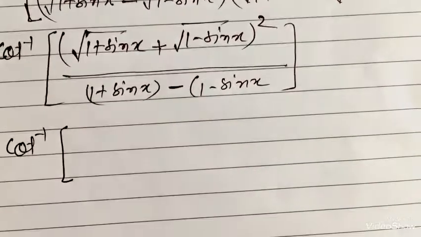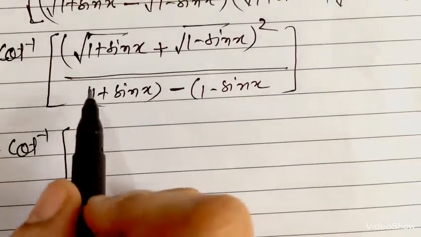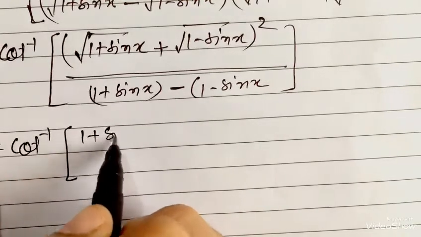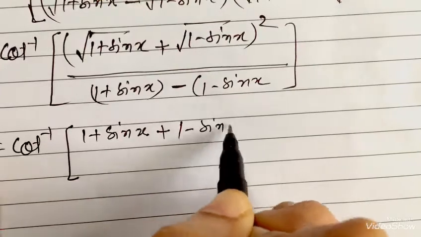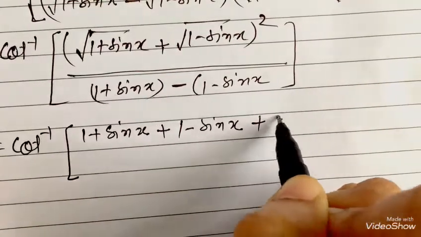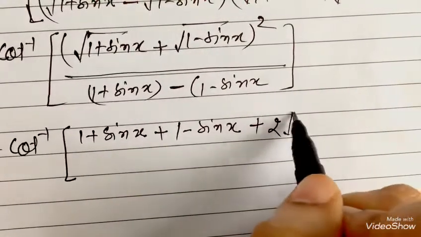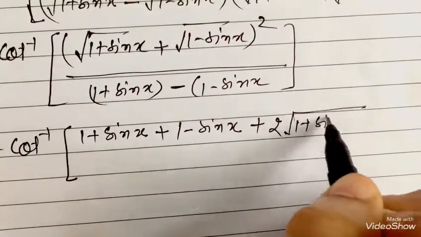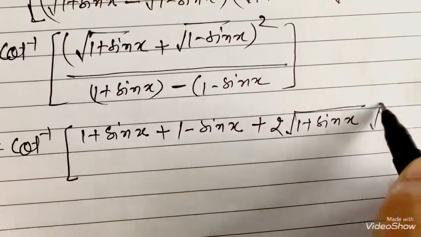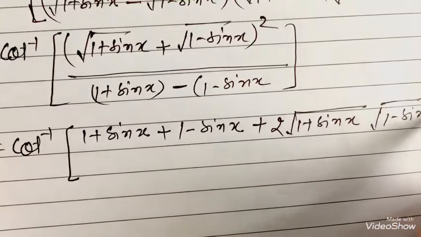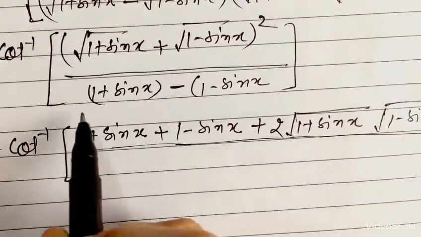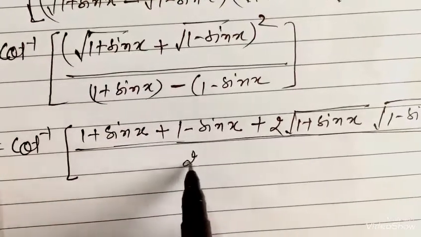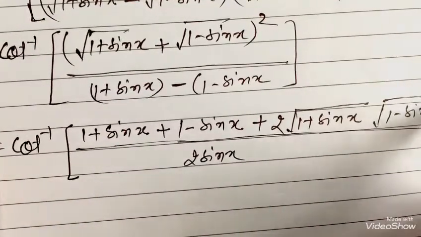Now, students, open the whole square. We will get 1 plus sin x plus 1 minus sin x plus 2 under root of 1 plus sin x multiplied by 1 minus sin x, and in the denominator it is 2 sin x.